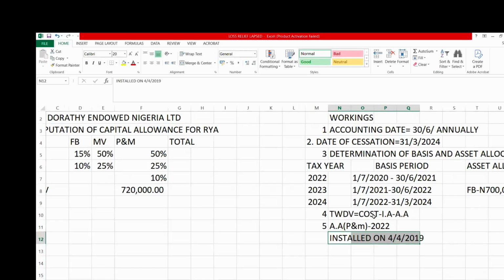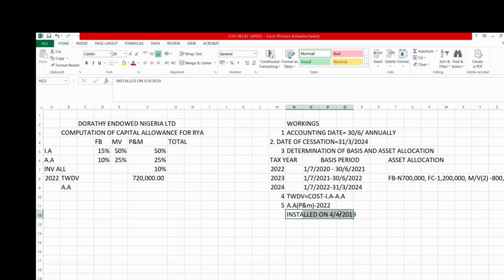In line with the company accounting date, if you look at the accounting date of the company, it is June. I need a basis period that this date is going to fall into.